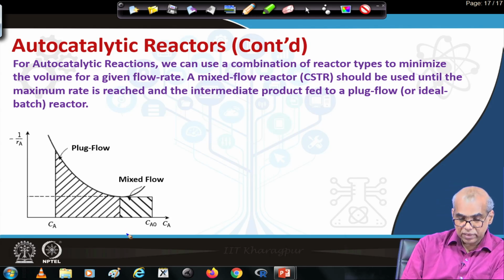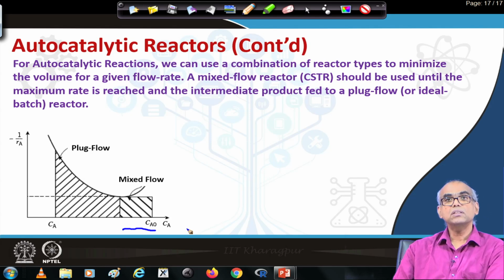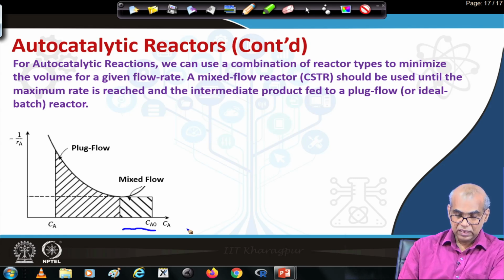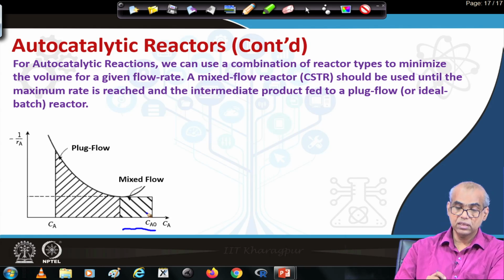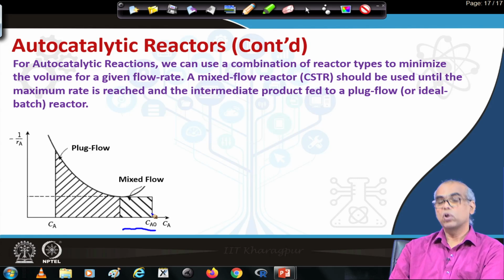So, look at the Levenspiel plot. At low conversion, CSTR is efficient. If you look at the shaded area, and the area that we would have got if we had drawn the area under the curve for this portion, you see that CSTR is more efficient.